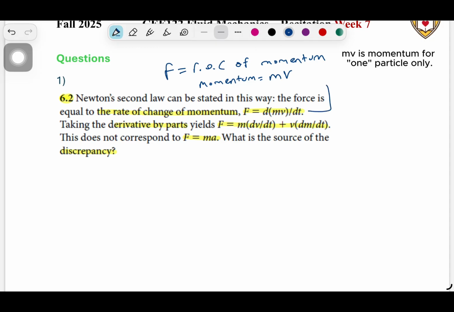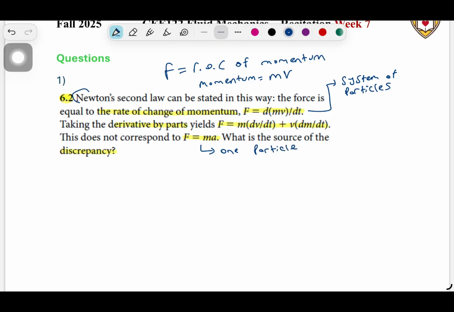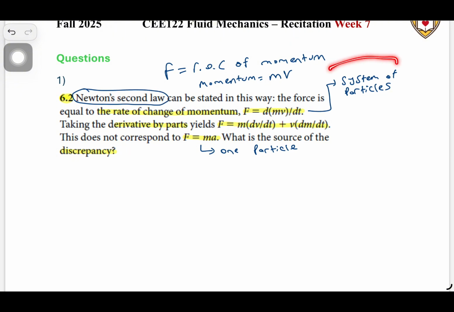So here, this first equation is actually applied to a system of particles, while F is equal to ma is applied to only one particle. But of course, they are directly coming from Newton's second law, so they are actually not different from each other. They are just derivatives of each other.